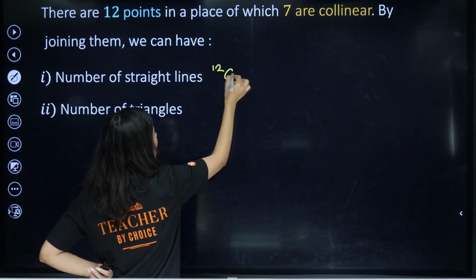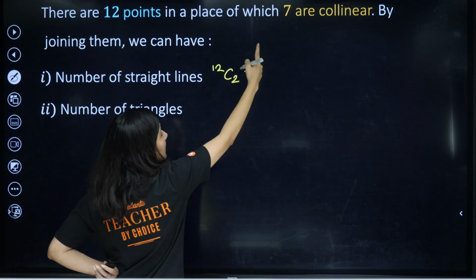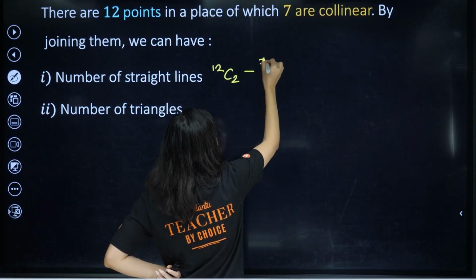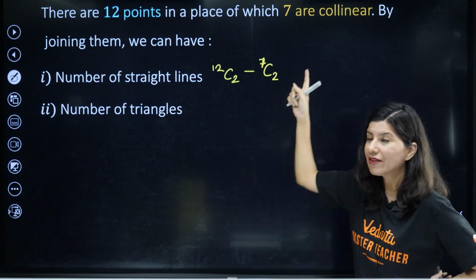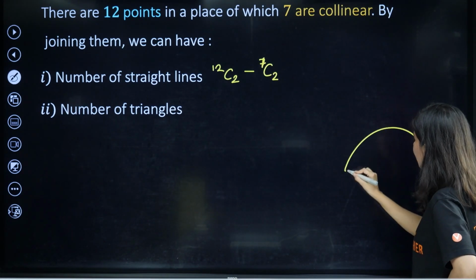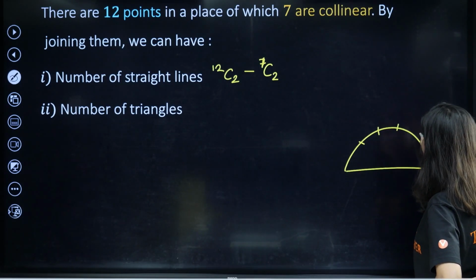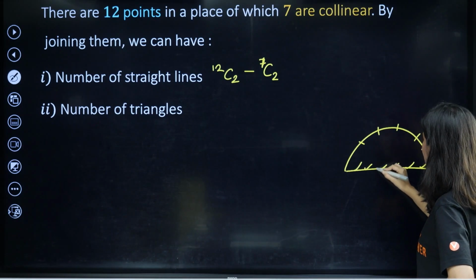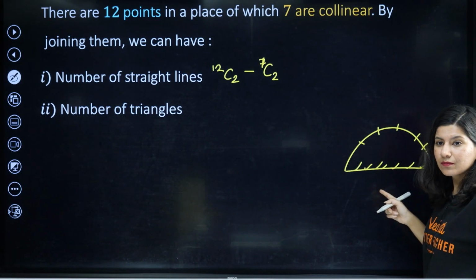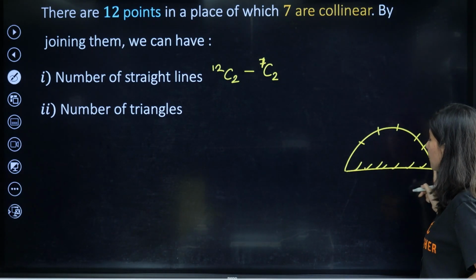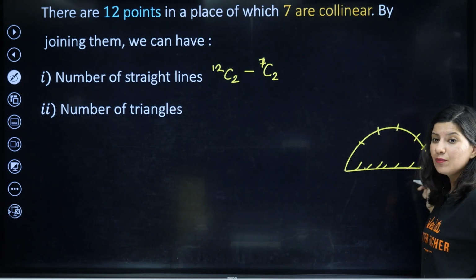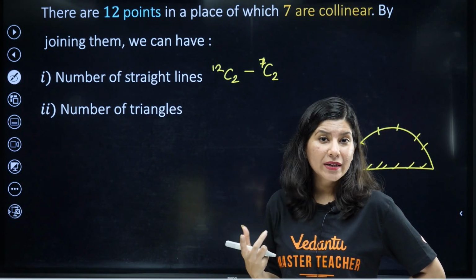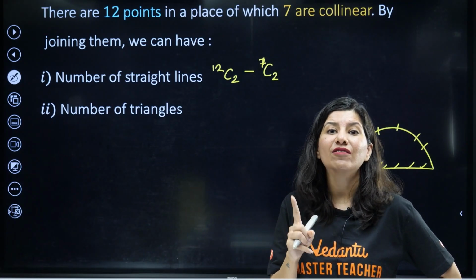12C2 first gives all the straight lines, minus the 7 collinear ones. So we will subtract all those lines, because out of 12, 5 points and 7 points. Using these 7 points, I will not be able to generate so many lines; in fact, I will be able to generate only one line.